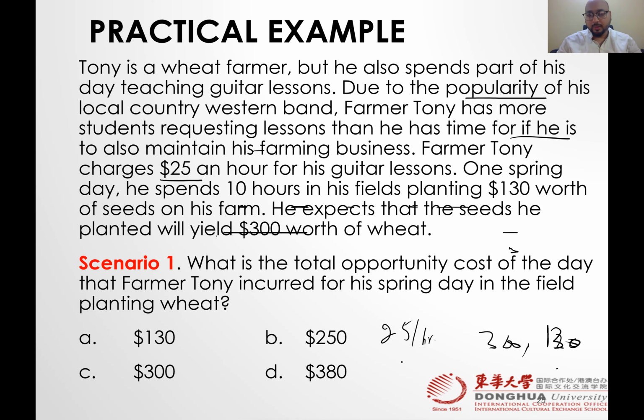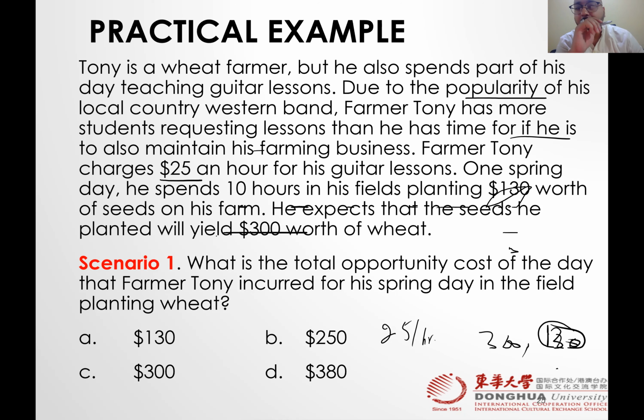So scenario one, what is the total opportunity cost of the day that farmer Tony incurred for his spring day in the field planting wheat? Total opportunity cost, both implicit and explicit. So he spent $130 on planting the seed. That is his explicit cost, right?